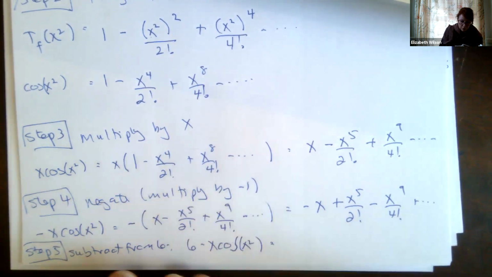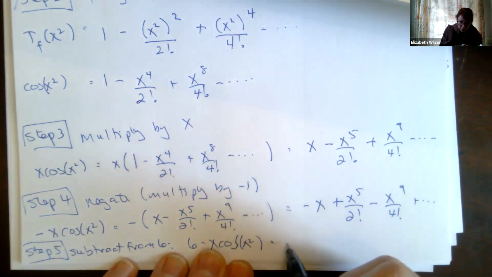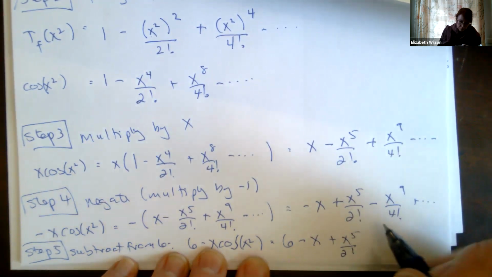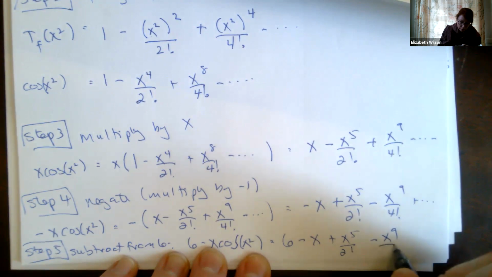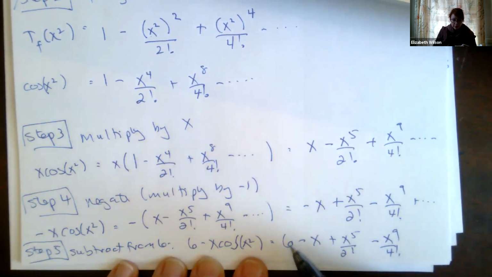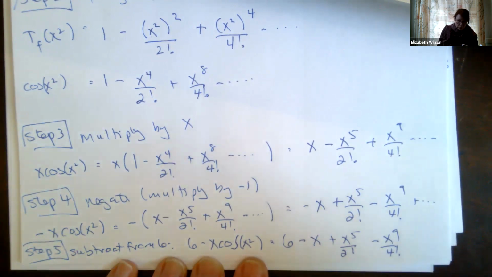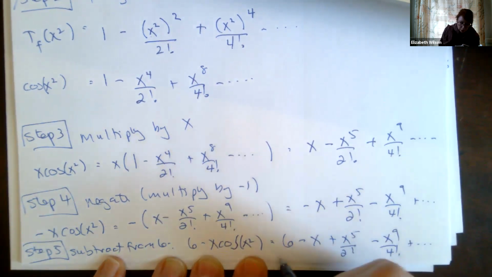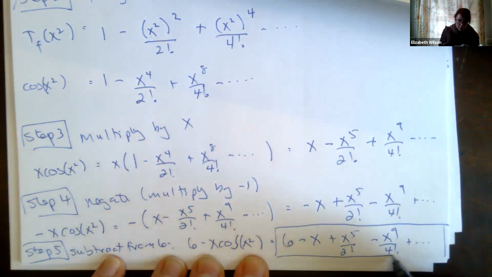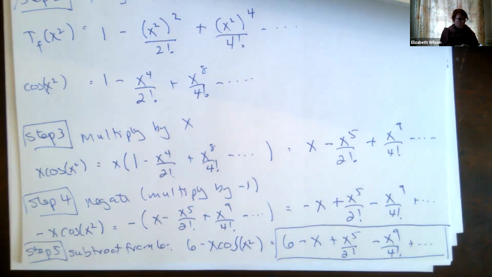It's going to look like 6 minus x plus x to the 5th all over 2 factorial minus x to the 9th all over 4 factorial. Right, we're not multiplying by 6. We're just subtracting this whole thing from 6. Okay, and then this becomes our Maclaurin polynomial for that original function that we showed you before.